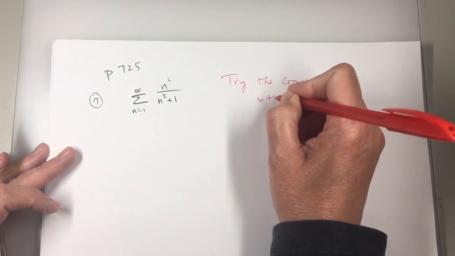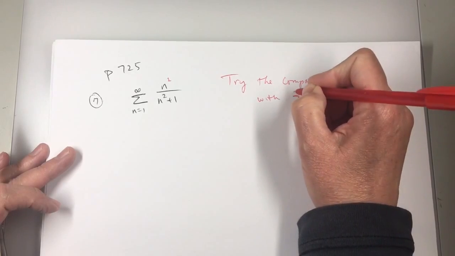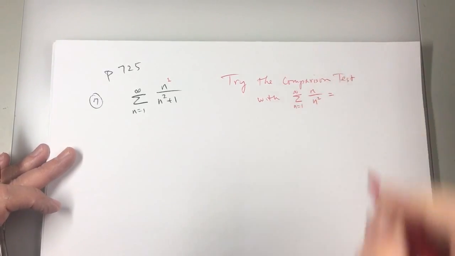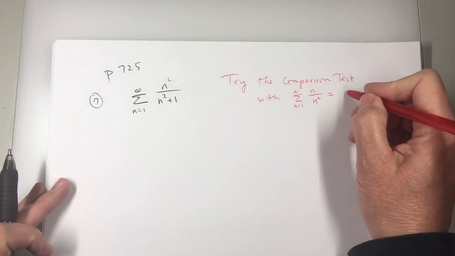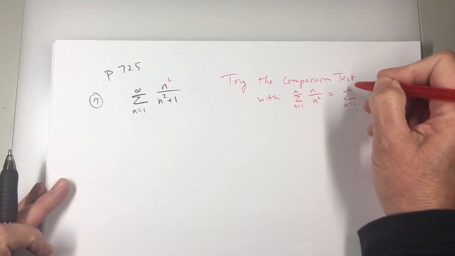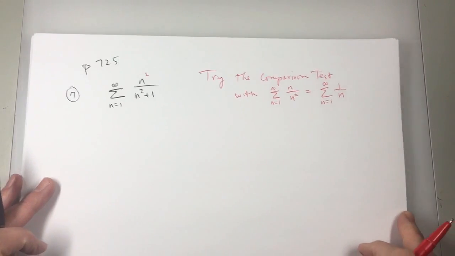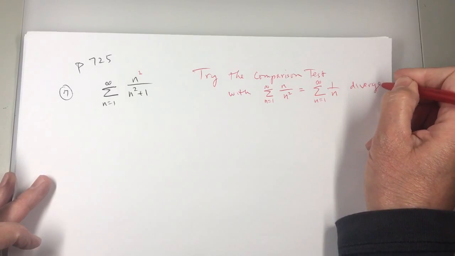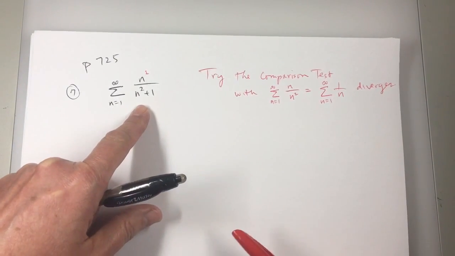With series, n starts at 1 and goes to infinity, of n over n squared. And what does n over n squared reduce to? 1 over n, which does what? Diverges. I already know this problem number 7 diverges.